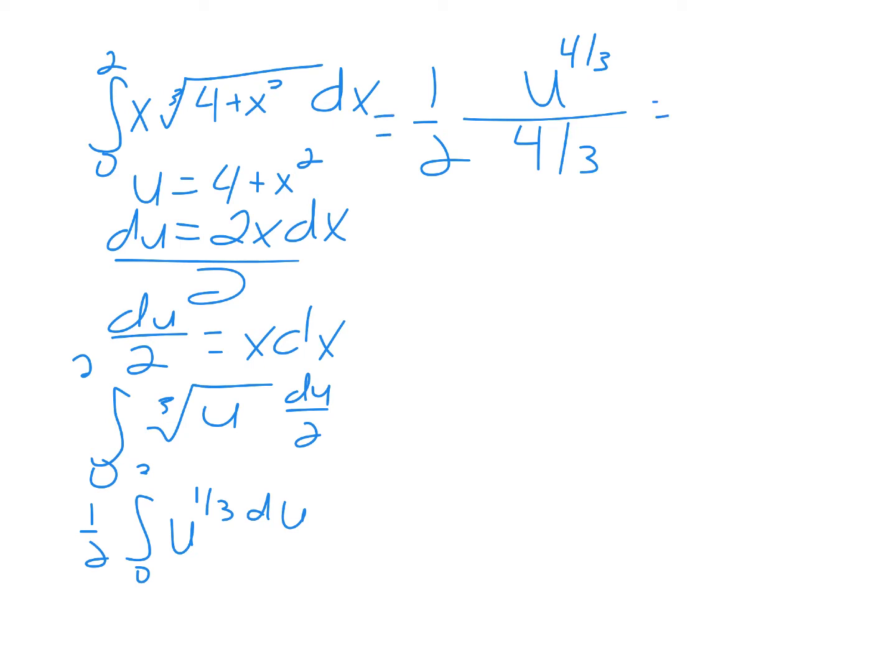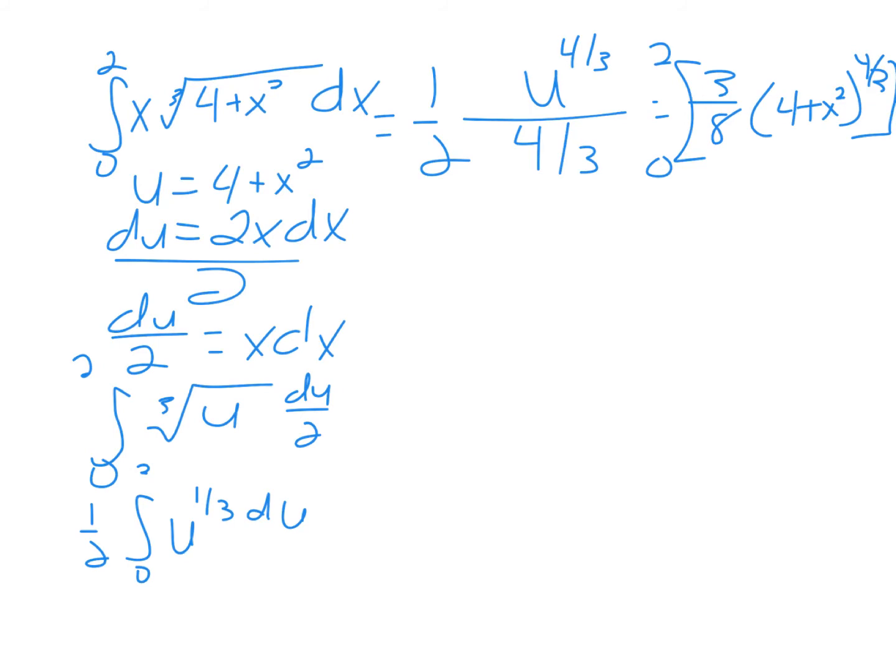And then we simplify it. I'm going to get 3 over 8. Substitute in u. 4 plus x squared to the power of 4/3. We're evaluating this from 0 to 2.